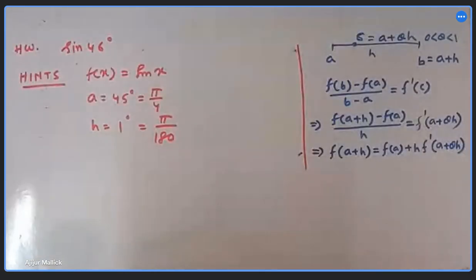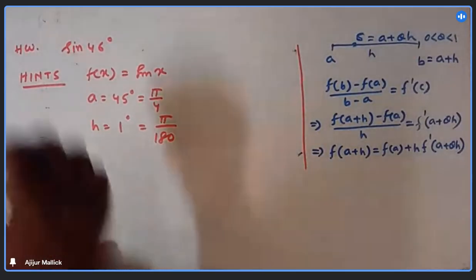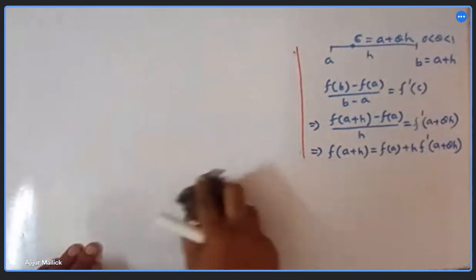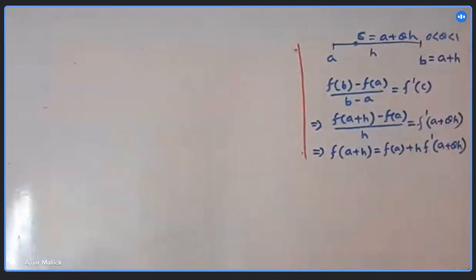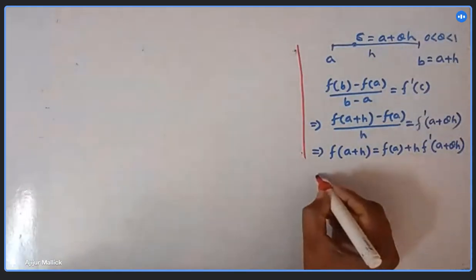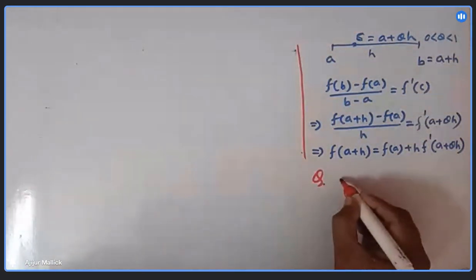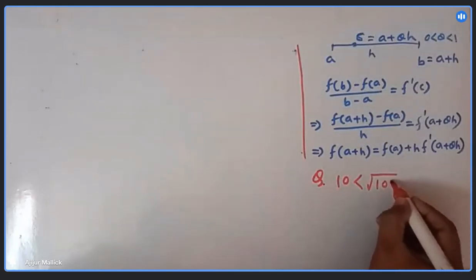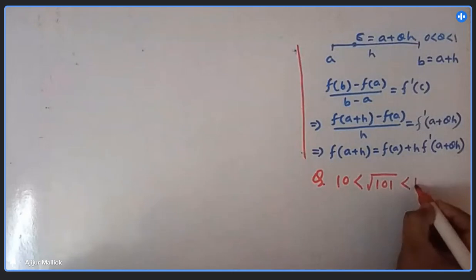Next, another sum is important. Find approximate value of, just this question. The question is this, so that 10 is less than root 101 is less than 10.05.